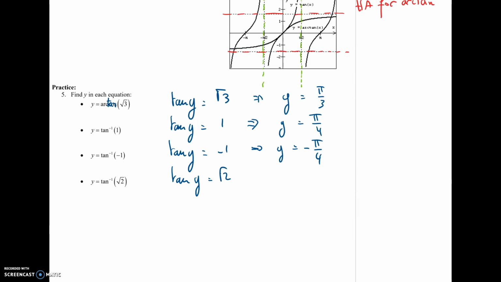And the last one is allowed because that will give you a value of y around 54.736 degrees, which is about 0.9553 radians. All right.